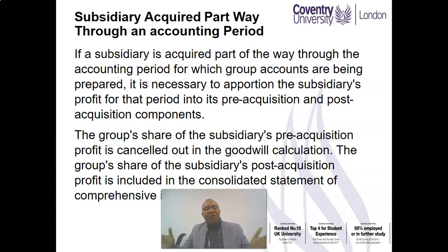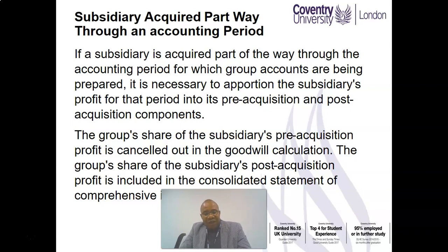What about the profit during the period of acquisition? Well, the simple thing to do is to assume that the profits for the subsidiary accrue evenly throughout the period, although that is not necessarily the case. But for simple consolidation, that assumption is made.